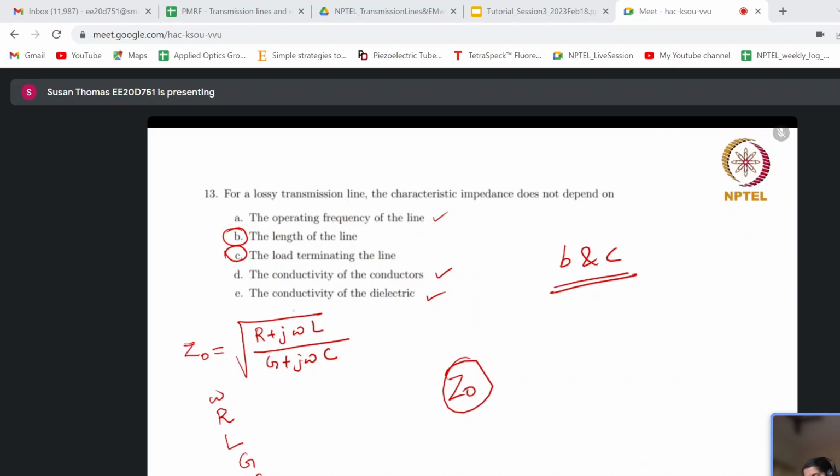If you have any confusion here, conductivity of the conductors is the resistance parameter, and conductivity of the dielectric is the conductance parameter. And operating frequency is clear because omega is basically 2 pi f.